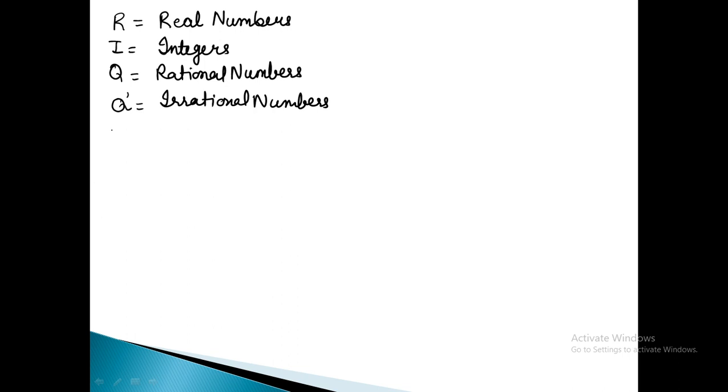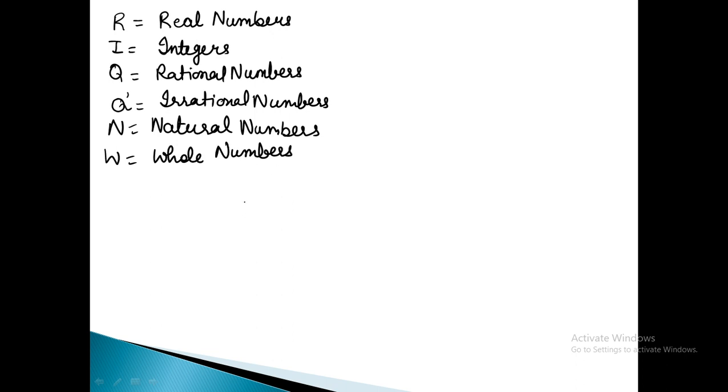N is used for natural numbers. W is used for whole numbers.